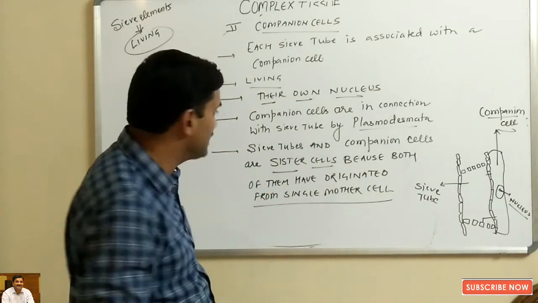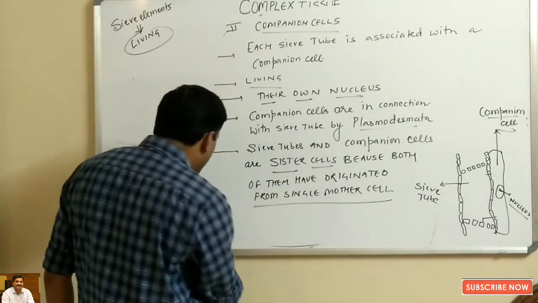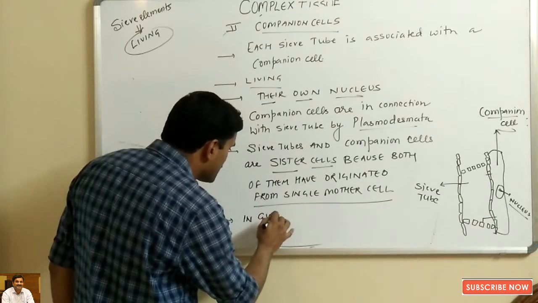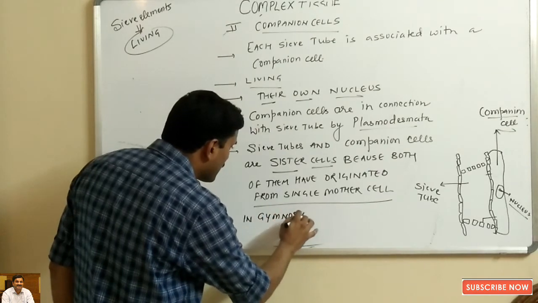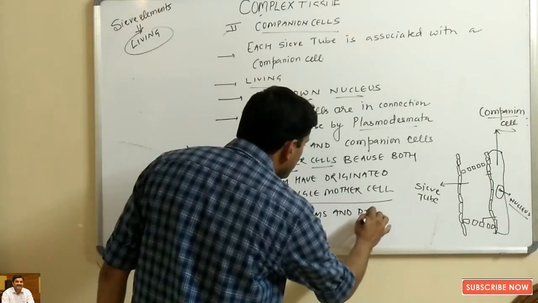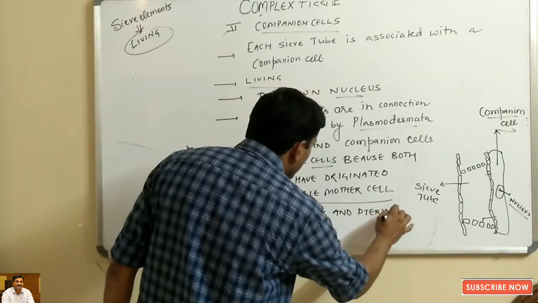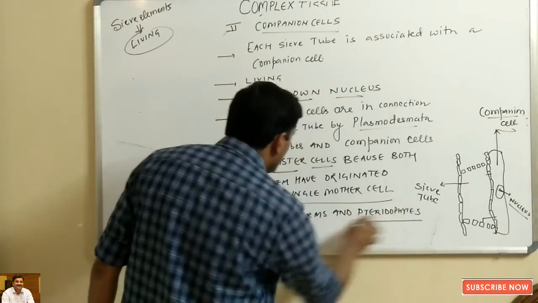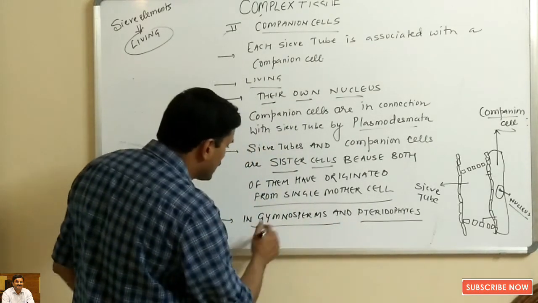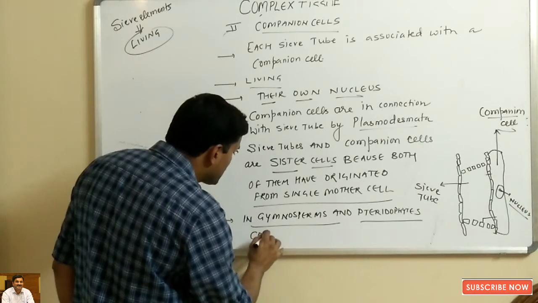Both of them have originated from a single mother cell, and that's why they are called the sister cells. One more thing which is very, very important to be noticed here is that in gymnosperms and pteridophytes, what is absent?